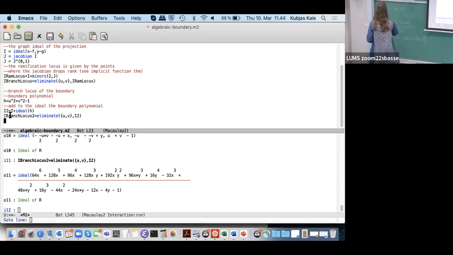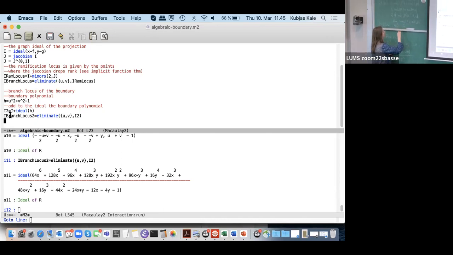If you have an ideal I in the polynomial ring with n variables, then the elimination ideal, and now I probably get the indices wrong, I_l is the intersection of I with the polynomial ring in the variables x_{l+1} up to x_n.